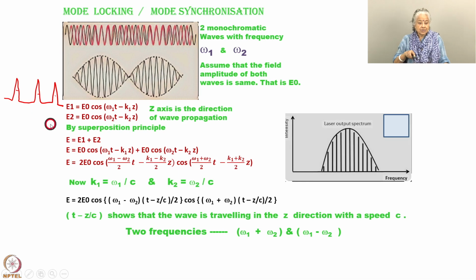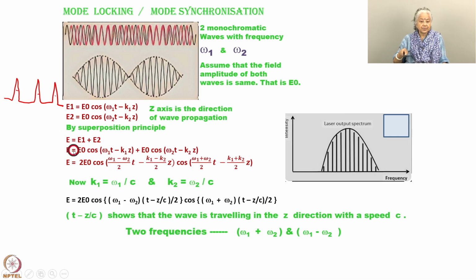So it is a wave, and a wave is described as E1 = E0 cos(omega 1 t minus k1 z), where z is the direction of wave propagation, and E2 is E0 cos(omega 2 t minus k2 z). Here again z is the direction of wave propagation. That means both the waves are propagating in the z direction.